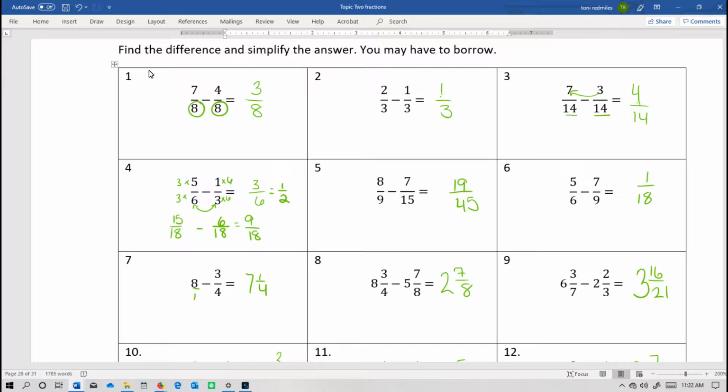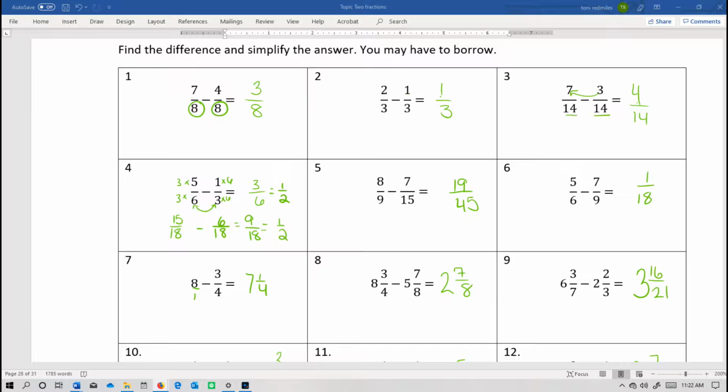I can either say both top and bottom are divisible by 9, or I could say 9 is half of 18, therefore I know it's an equivalent fraction of 1/2. Either way will get you to the answer of 1/2. So see, it doesn't matter if I pick the smallest denominator possible, I just have to pick one, okay? I have to pick a usable one. All right.